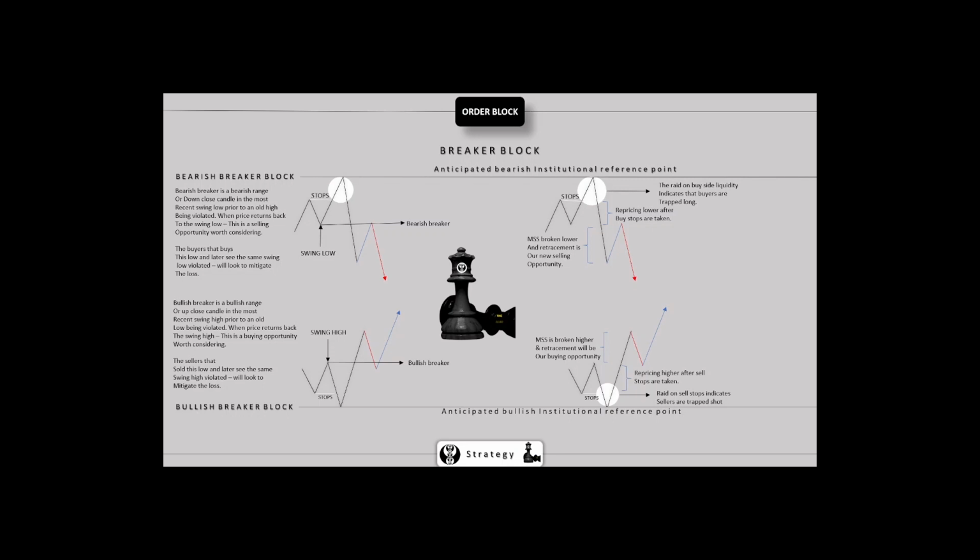So you'll be patient enough to see the swing high being violated, and you will also be patient enough to observe the market and see a retracement back to that swing high that was violated, and take a long trade off that area. And you must always observe an MSS being broken higher, and retracement will be our buying opportunity.